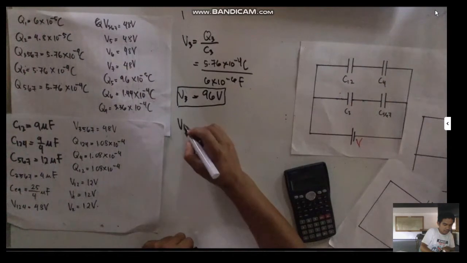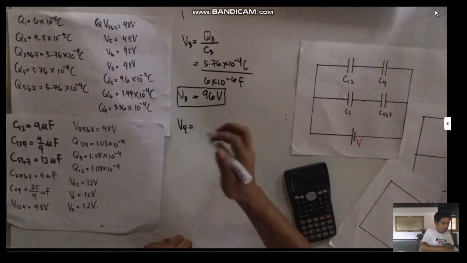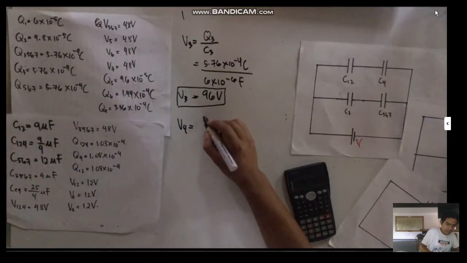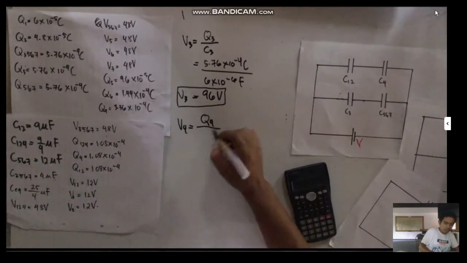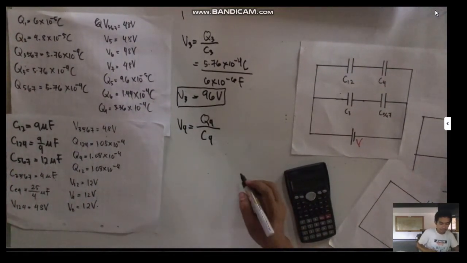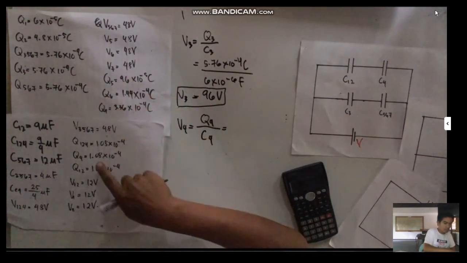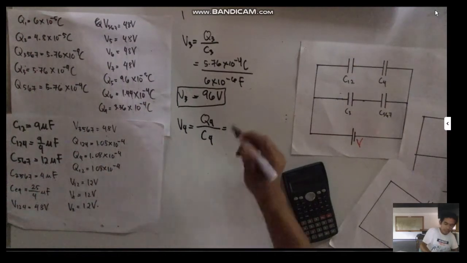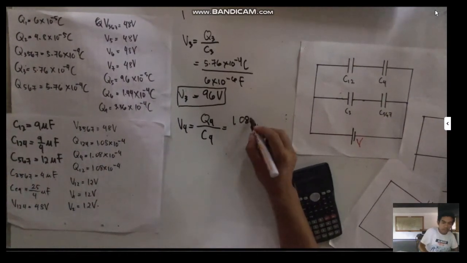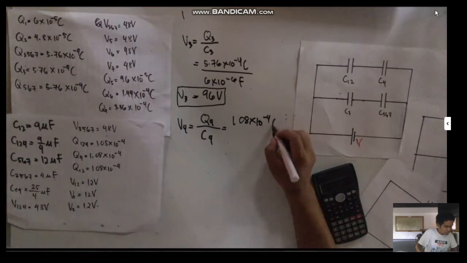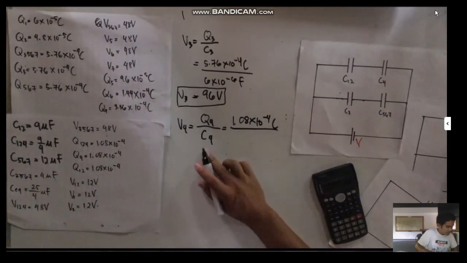Next is V4. We don't have V4. Alright, so we look for V4. So V4 is Q4 over C4. What is Q4? Okay, Q4 is 1.08 times 10 to negative 4 coulomb over C4.